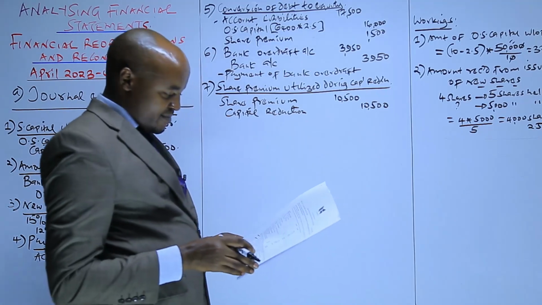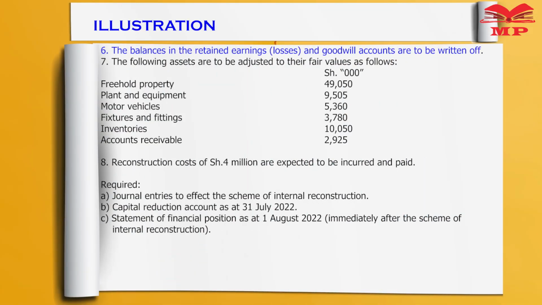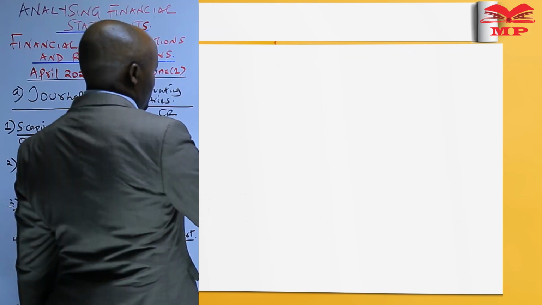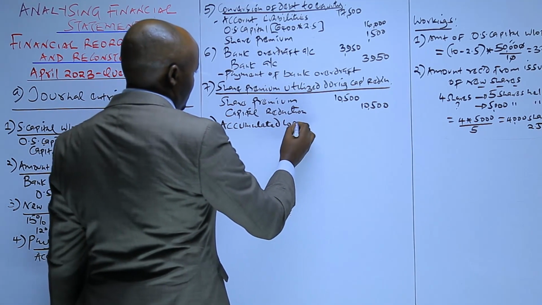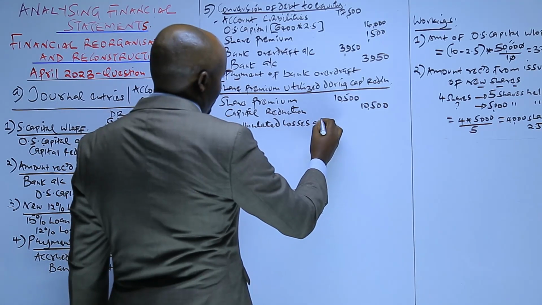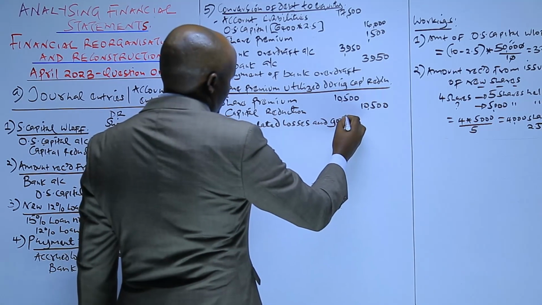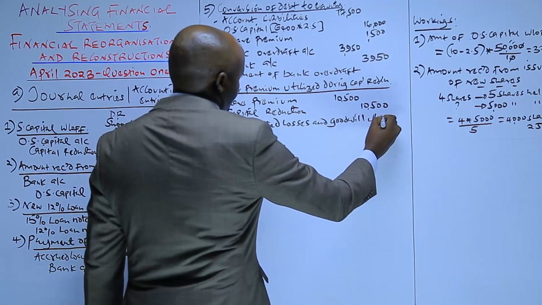Let's move to point number 6, and we are told that the balances in accumulated losses, or the retained earnings account, and the goodwill are to be written off. So I think we can just have a single accounting entry for that: accumulated losses and goodwill written off.